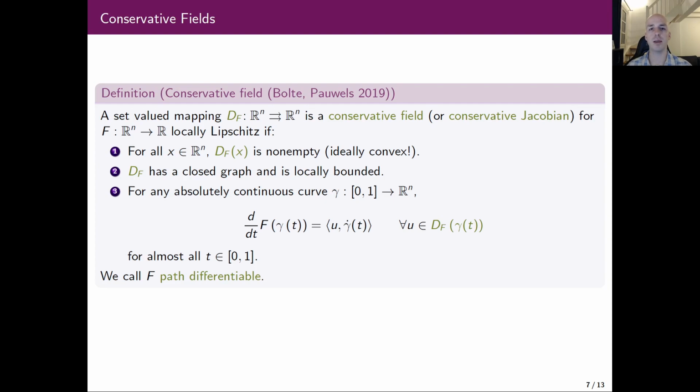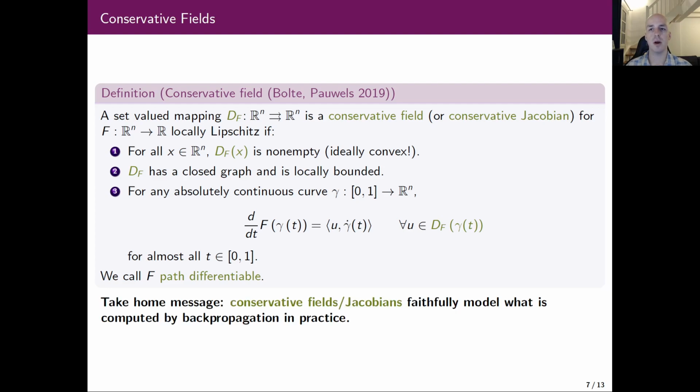We call functions like f, which admit conservative fields, path differentiable. This is a lot to take in, so I will summarize the take-home message in the following way. Conservative fields are gradient-like objects that faithfully model what is computed by backpropagation in practice, even with non-smooth activations like the ReLU function.